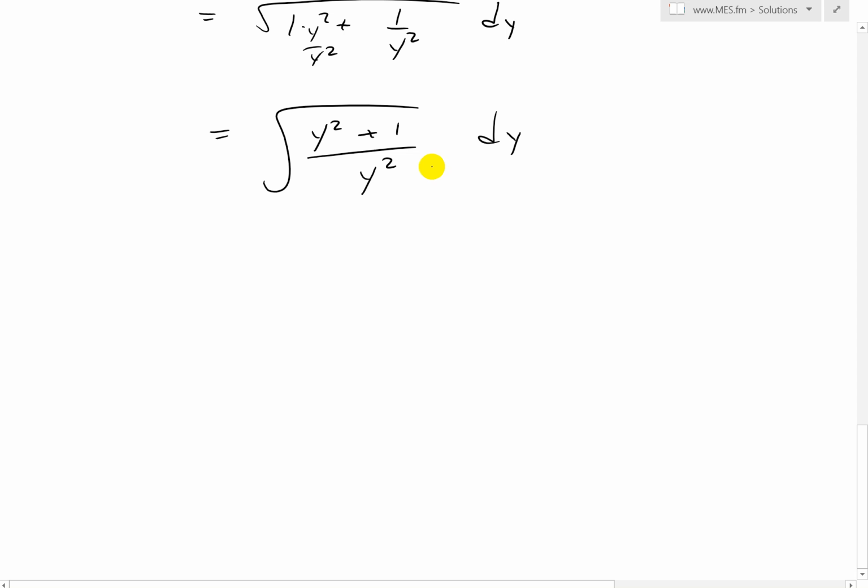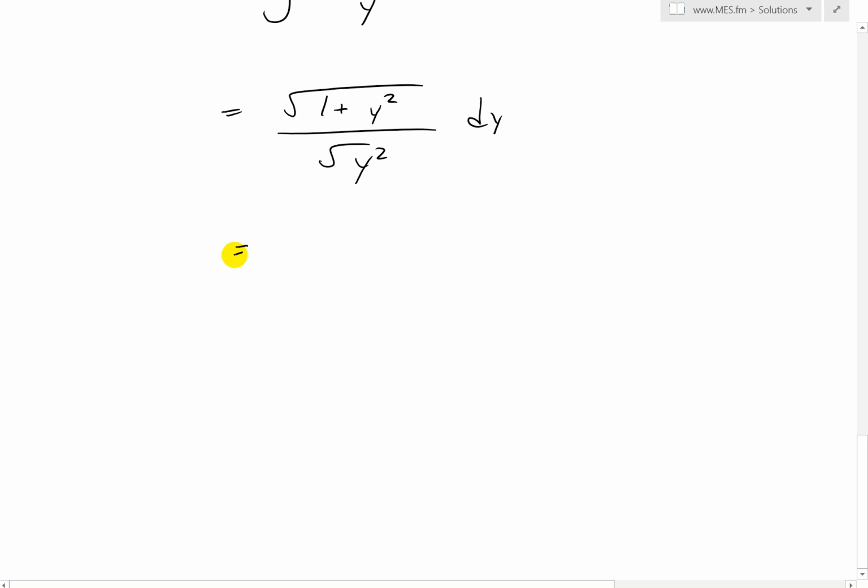We could simplify this even further. It's going to be the square root of 1 plus y squared, over the square root of y squared, dy. This equals the square root of 1 plus y squared over y, dy, and that's our ds.